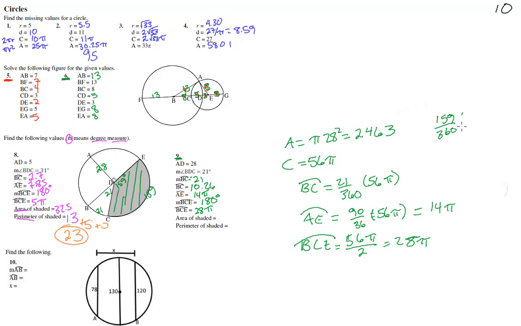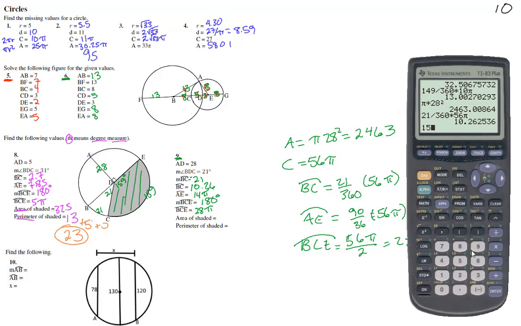That's how much we have, times the whole area. So 2463 is everything, and we just want 159/360ths of it. 159 divided by 360, that would be the percent of the circle that we have, and then multiply that by 2463. And 1087.8.